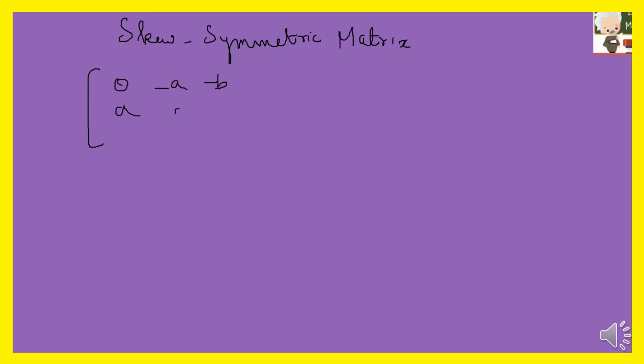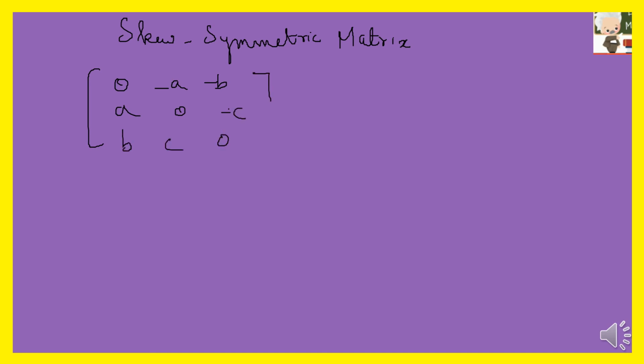Next one is for a skew symmetric matrix. I have discussed what is a skew symmetric matrix in types of matrix. If you have not checked that video, do check and continue. Okay. So how a skew symmetric matrix looks, it will be 0, minus A, minus B, A, 0, minus C, and then B, C, 0, right?